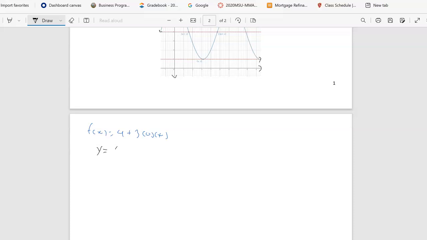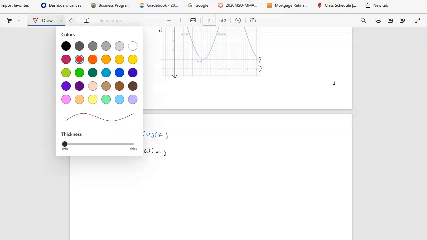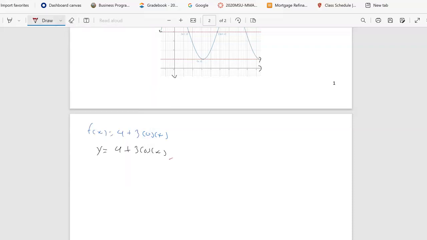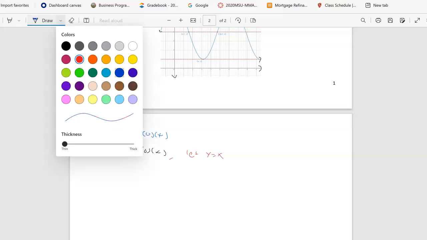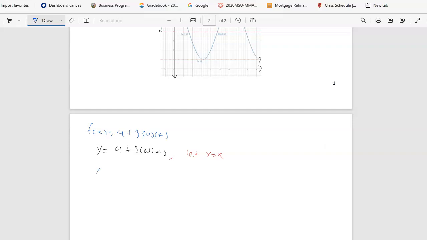So this will be y is equal to 4 plus 3 cosine of x. And then technically you swap the values. So I'm just going to let y be x, and in this case, I have that x is equal to 4 plus 3 cosine of y.